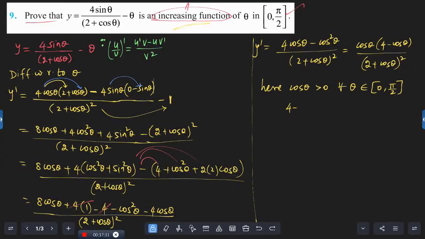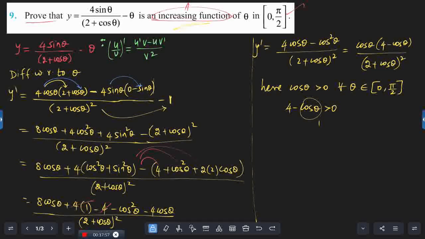Next, 4 minus cos theta is also greater than 0. How? What is the range of cos? Minus 1 to plus 1, so the highest value of cos is 1 only. Then 4 minus 1 is 3, which is greater than 0.